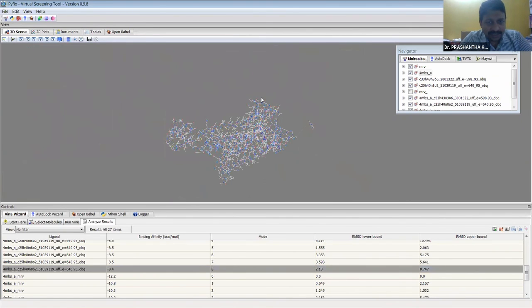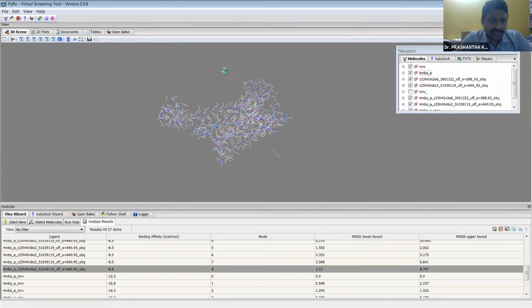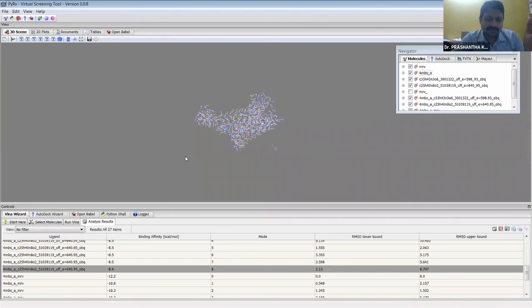So two chains will be there, but for two chains your grid box becomes a big one. You will not get two grid boxes, one for A chain and one for B chain. We will have only one grid box, which is going to cover both the chains.